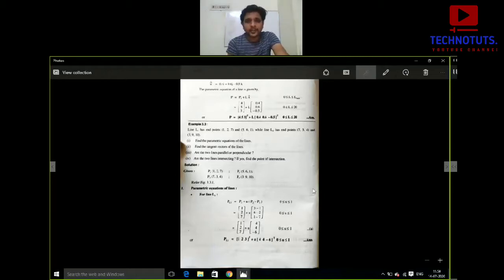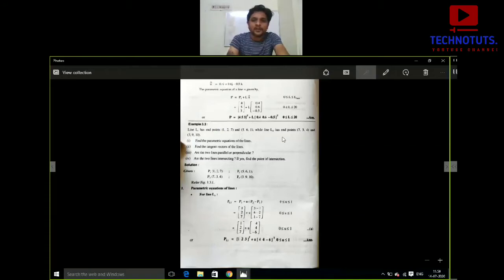It is given that point P1 has coordinates x1 is 1, y1 is 2 and z1 is 7. That is, P1 is (1, 2, 7). Point P2 has coordinates x2 is 5, y2 is 6 and z2 is 1, that is (5, 6, 1).